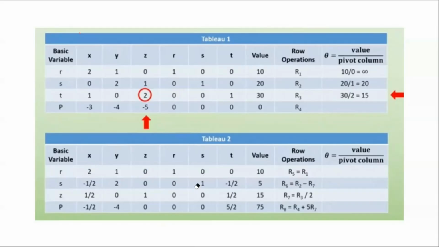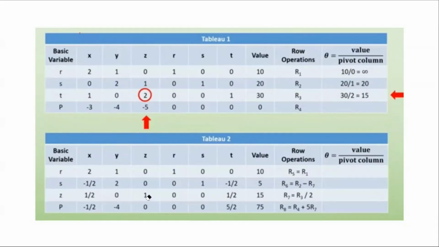This row now, how do you arrive at this row? This row is equal to row 2 minus row 7. So you take row 2, this row here, and you subtract this row 7. Now you see there's a 1 there.